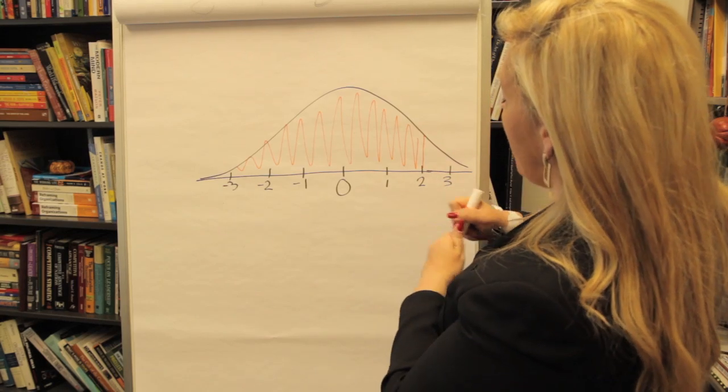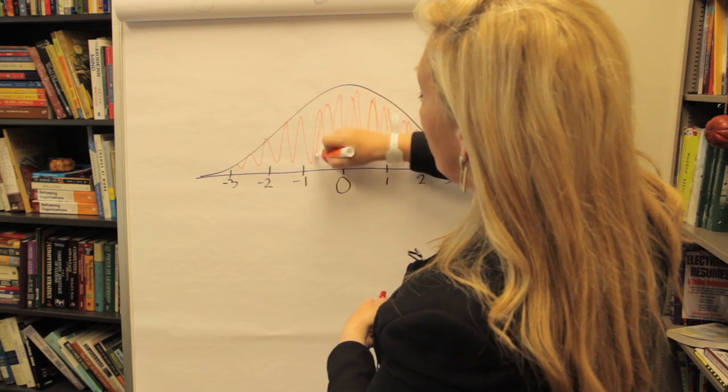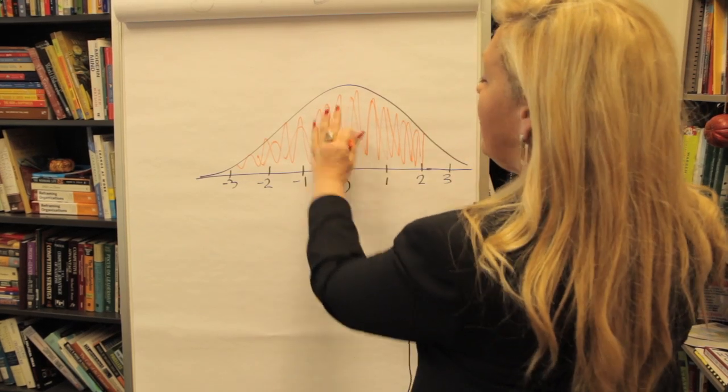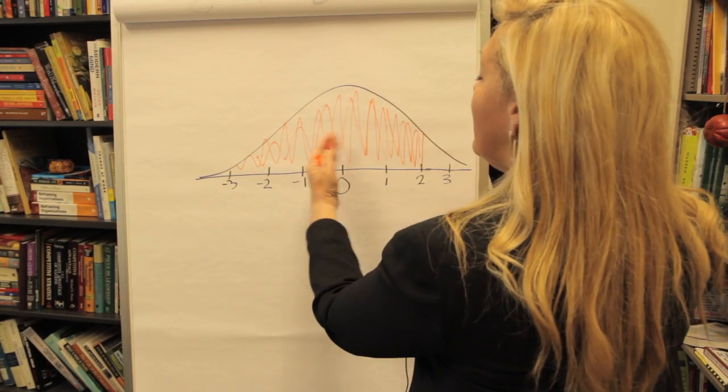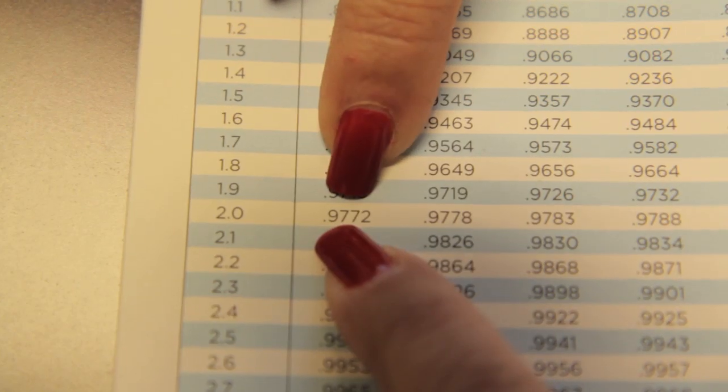We're trying to find the probability less than 2 standard deviations, so we want all of this region. Notice that this region that we've shaded is greater than 50%, so we're going to look it up on that table. The 2.00 has a value of 0.9772.